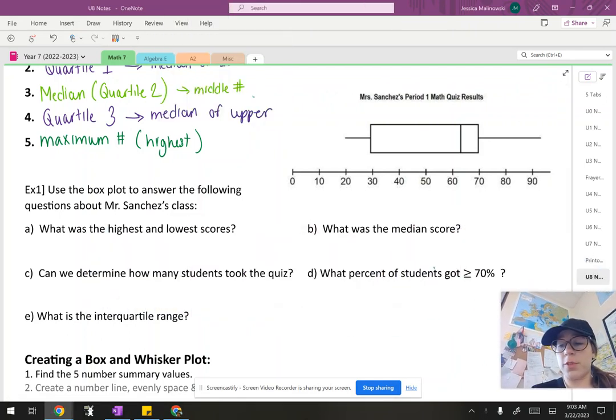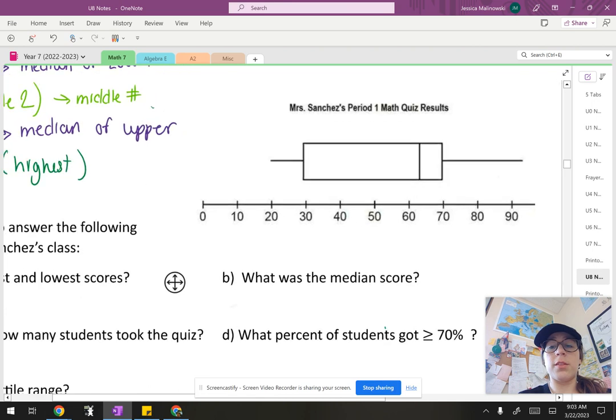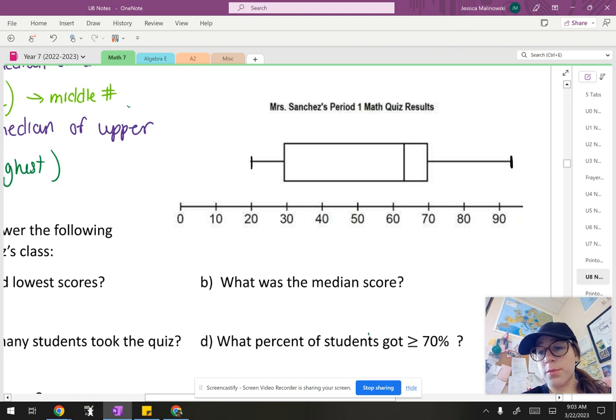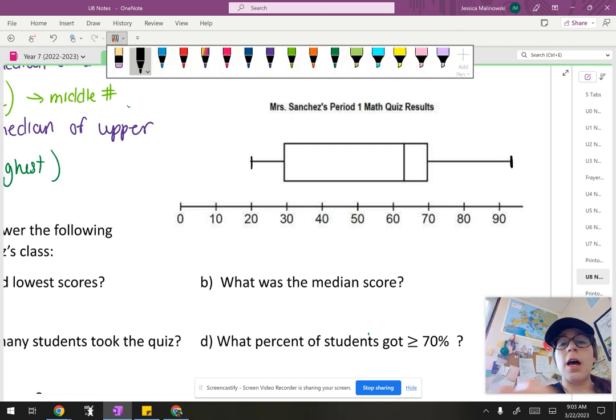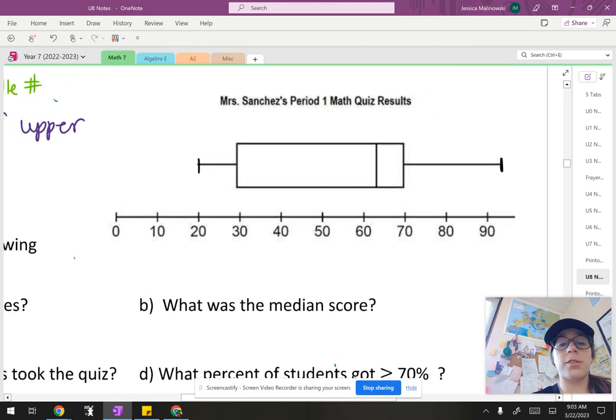Let me just move this box of meat out of the way. Looking at this graph to start with, I'm going to zoom in on this. It annoys me that these aren't whiskers, so I'm going to draw those whiskers in. The first thing I always start with is labeling my 5-number summary, because it makes a lot more sense.